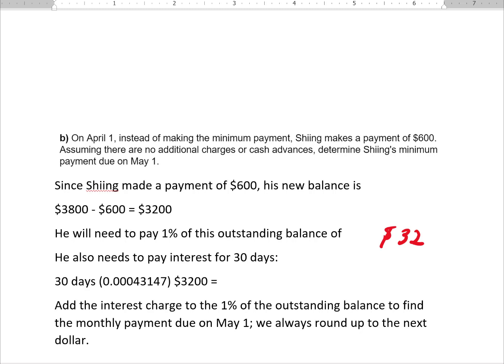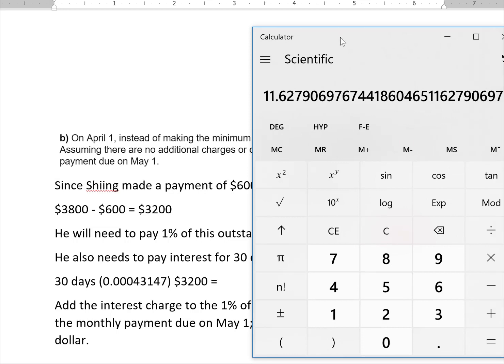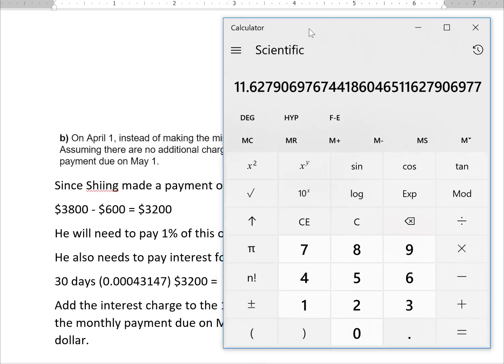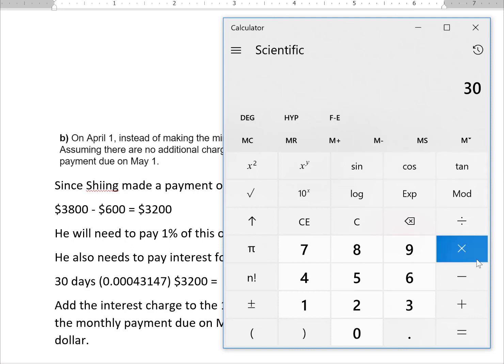He also needs to pay interest for 30 days, and the interest rate was given as a percent, and we converted it to the decimal, and I'm going to go ahead and multiply that out to figure out what his interest is for the 30 days. I'm going to take 30 days, and I'm going to multiply by the interest rate per day.